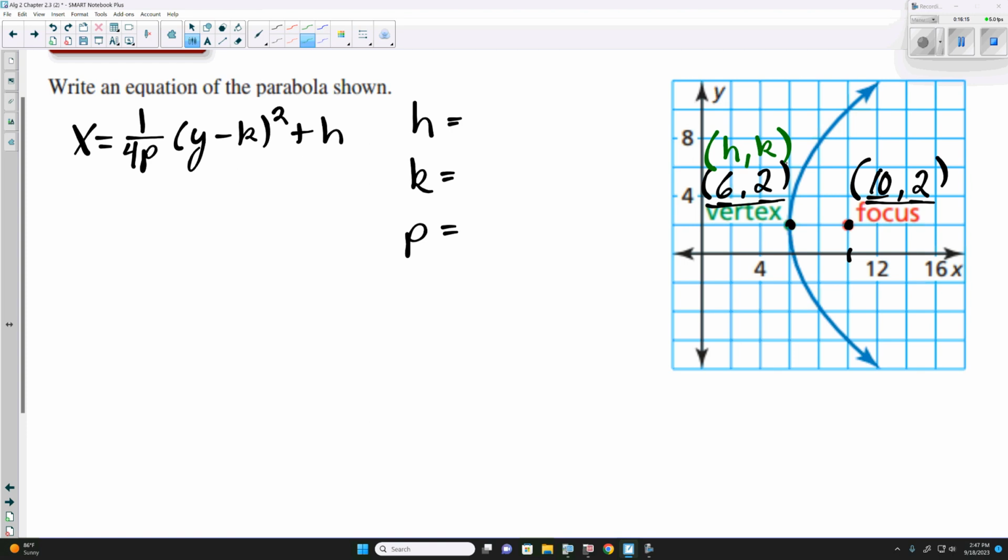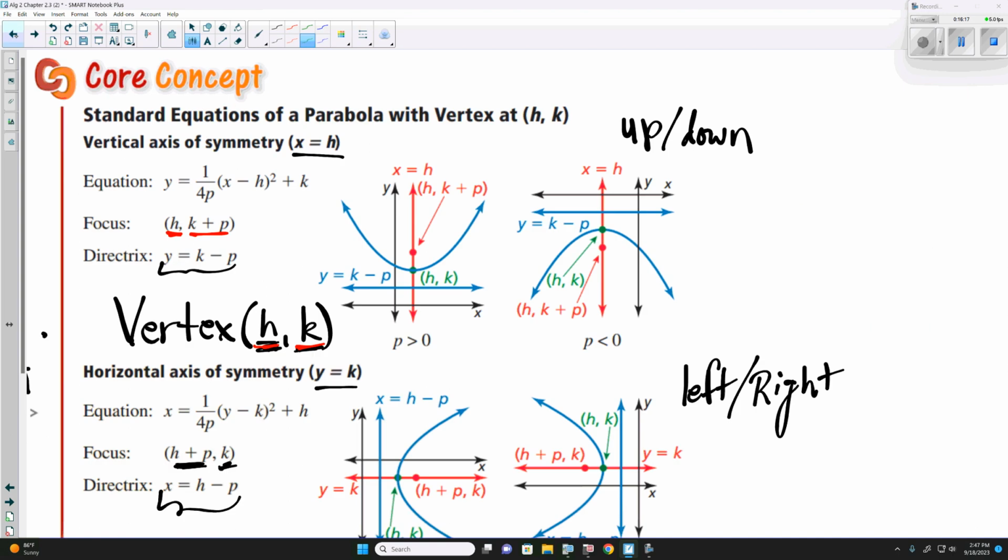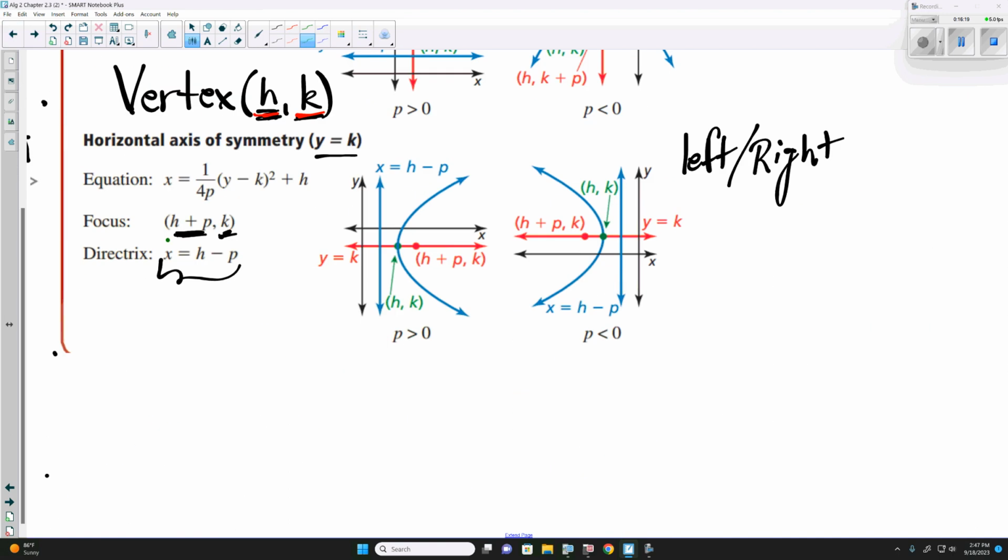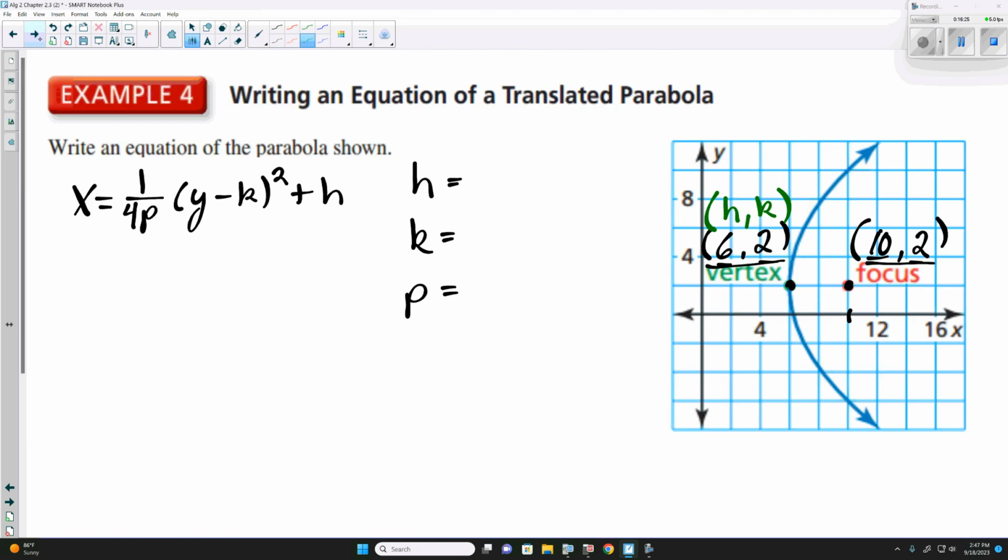Now the focus for our equation, if we look back at this, is the point h plus p comma k. So I'm going to write that above it. h plus p comma k. So our vertex is h comma k in the general form, and the focus is h plus p comma k.